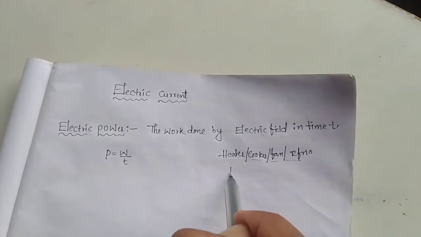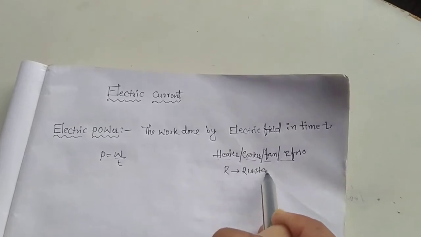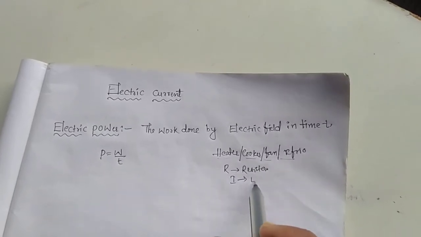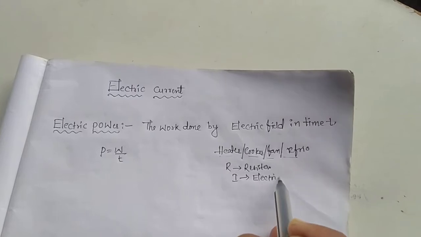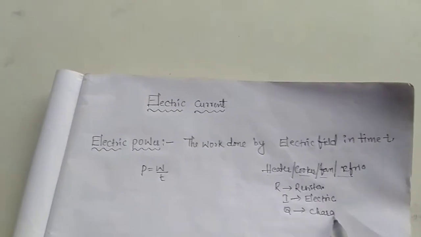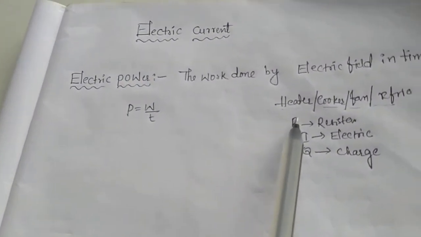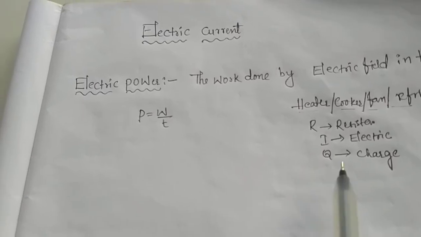R is resistance, I is electric current, and Q is charge. In the last class we already covered the definitions of resistance, electric current and charge.